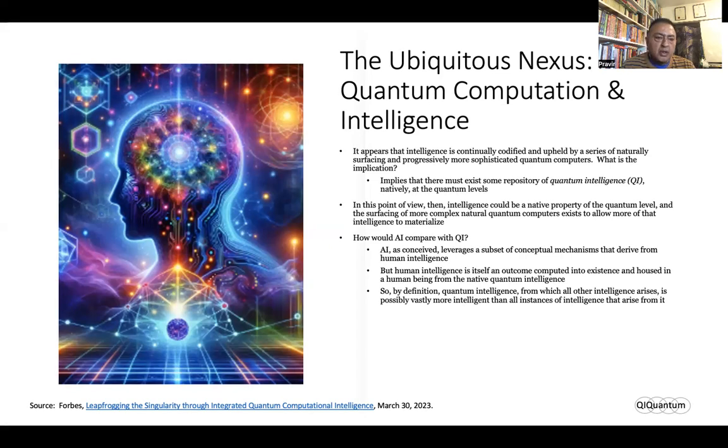And so any kind of AI is going to be derived from that subset of quantum intelligence that shows itself in AI. By definition, then, quantum intelligence could possibly be vastly more intelligent than all instances of intelligence that arise from it, no matter how extraordinary or spectacular things look.